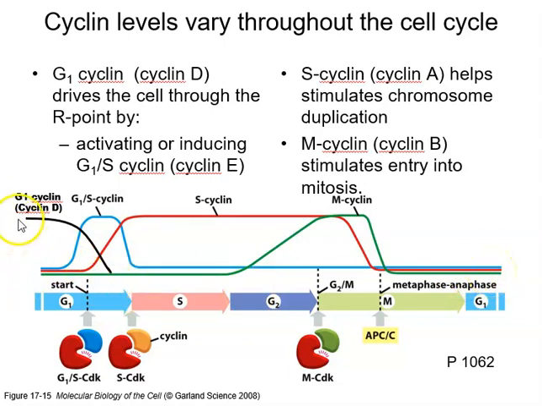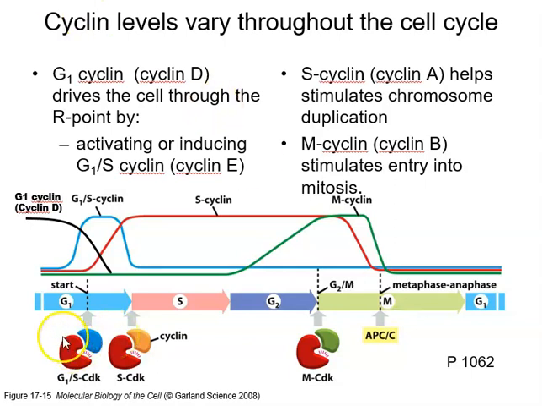Cyclin D rises in response to growth factor signaling because MYC will switch it on, and then that will do something which I'll cover shortly, that will result in the switching on of the next cyclin, which is cyclin E, also called the G1/S cyclin, because that's the bit of the cell cycle it controls. That switches on the S phase cyclin, which controls gene expression to make cells ready or functional in S phase, and then we've got the M phase cyclin, which controls metaphase to anaphase transition.